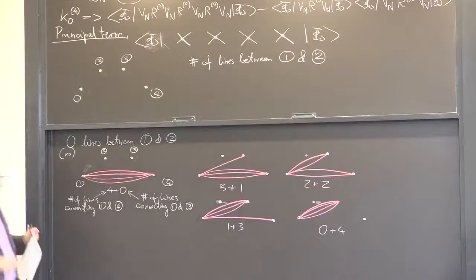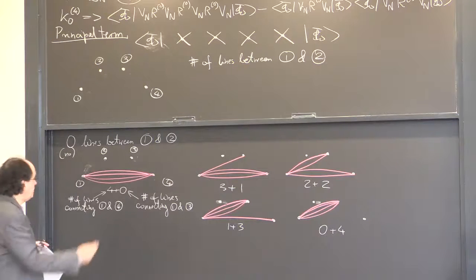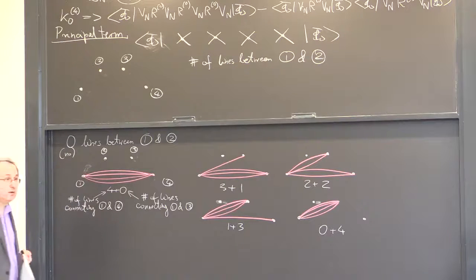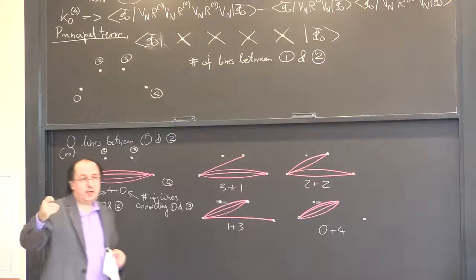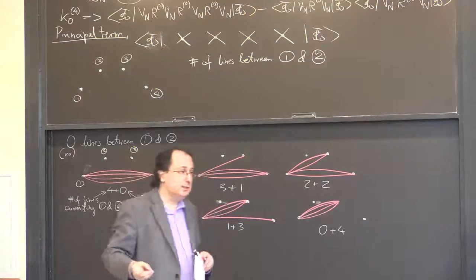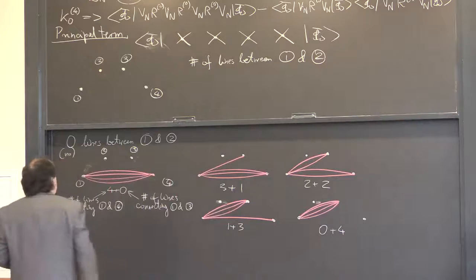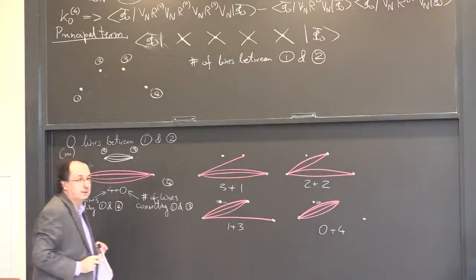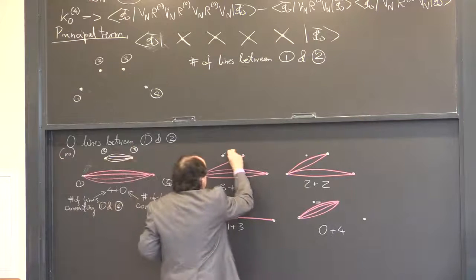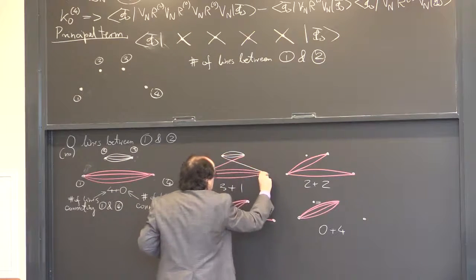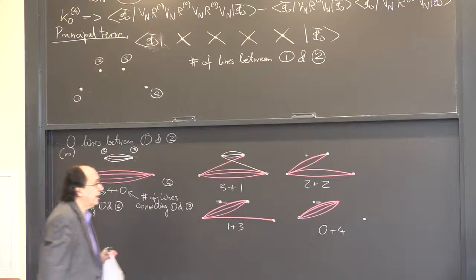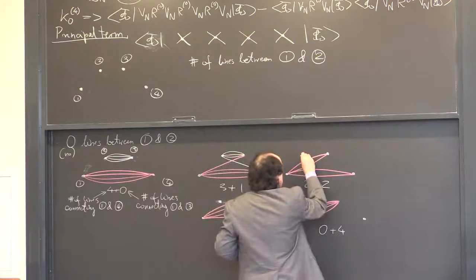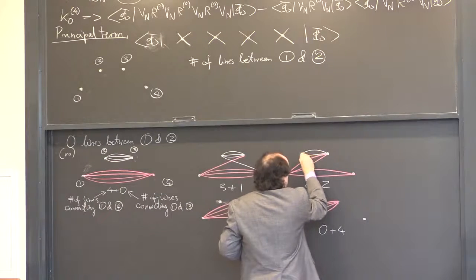Now that we have this category worked out, all we need to do is fill in the blanks. Remember, at each vertex we have 4 lines. Here I will have 4 lines drawn this way. Here I will have 3 lines and 1 here. Here we'll have 2 lines and 2 lines.